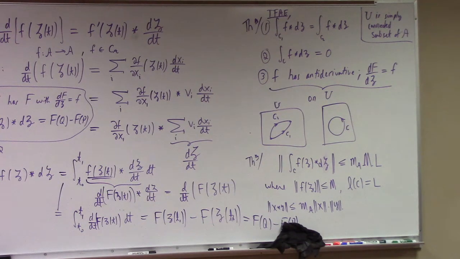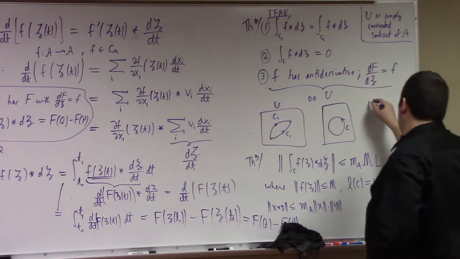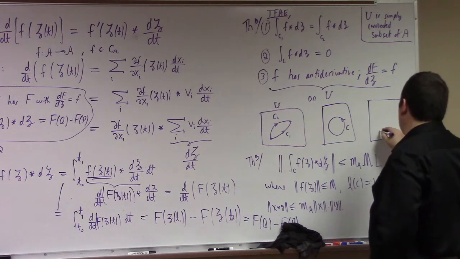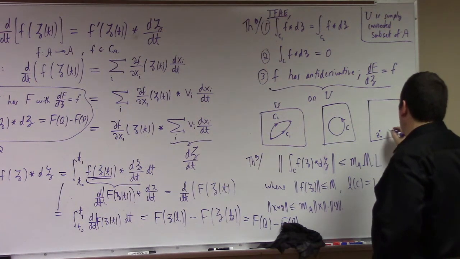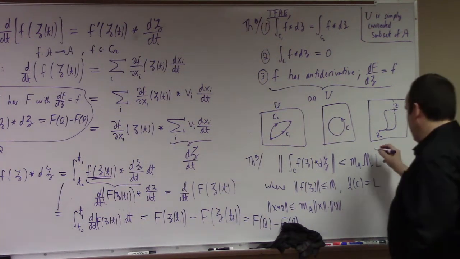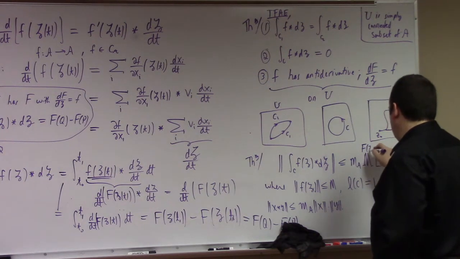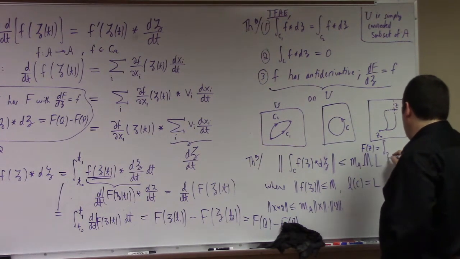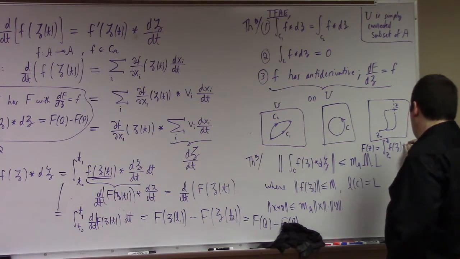We have to be able to basically build. You pick a base point z naught, and to get over here to z, you go here and then approach it this way, and then by path independence, you can approach it the other way. And so you're going to be able to define F of z as something like the integral from z naught to z of f of zeta d zeta.